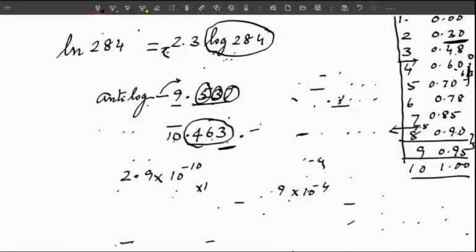And I told you I will tell you how to take the power of a number other than square and cube, for any nth root or nth power of a number. That method is based upon this logarithm method.